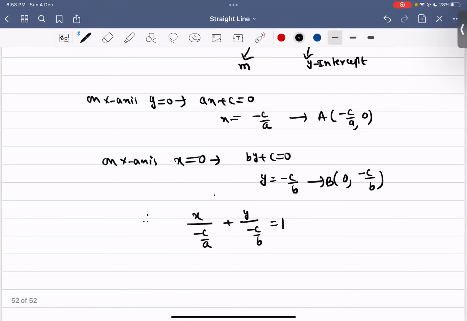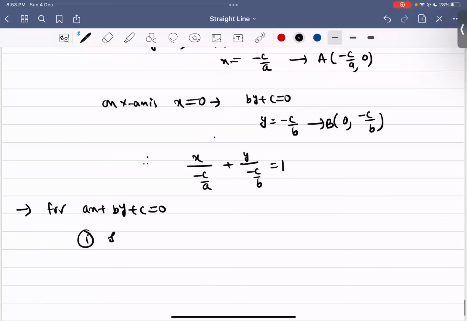Write down the next point. For ax plus by plus c equal to 0, for the straight line, the first point is slope. Slope is minus a by b.